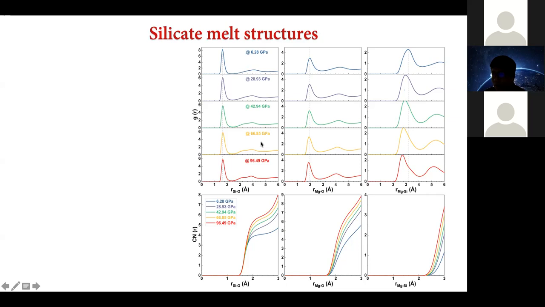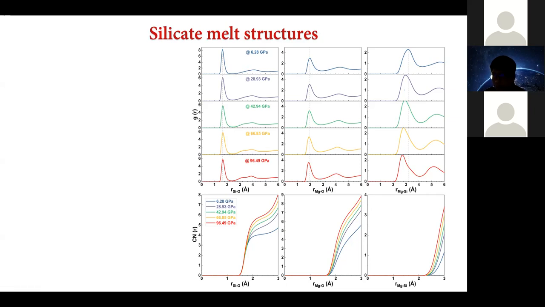Our calculations predict that the silicon-oxygen distance increases from, for example, 1.62 angstrom at 6 GPa to about 1.67 at 70 GPa, and then remains at this value with further compression.